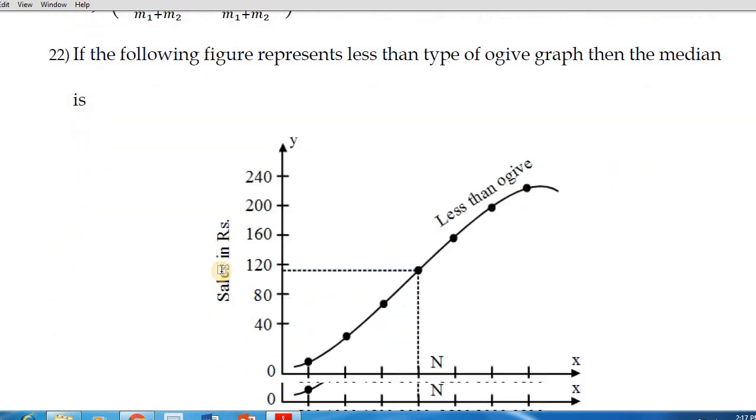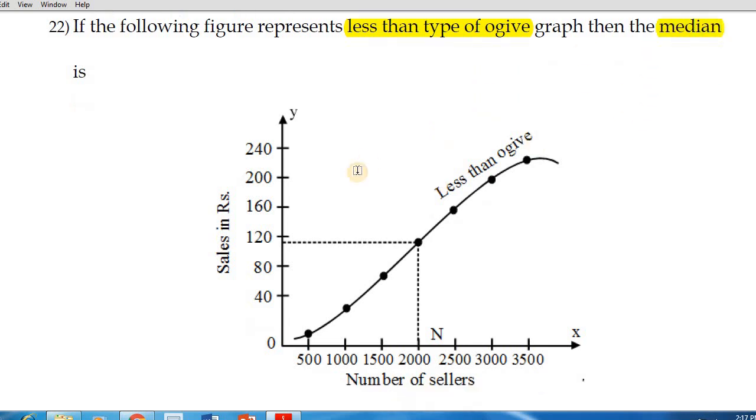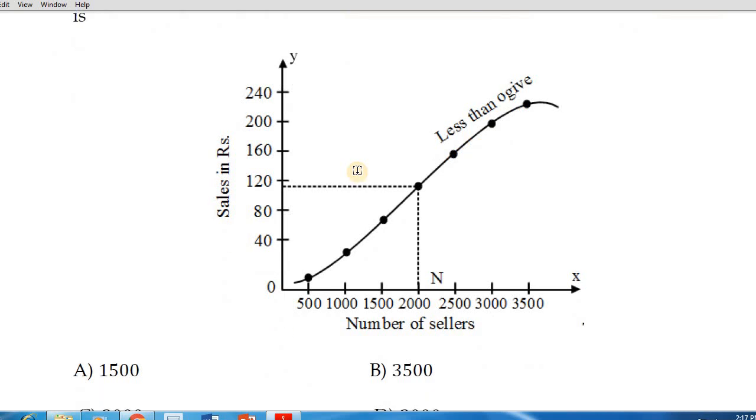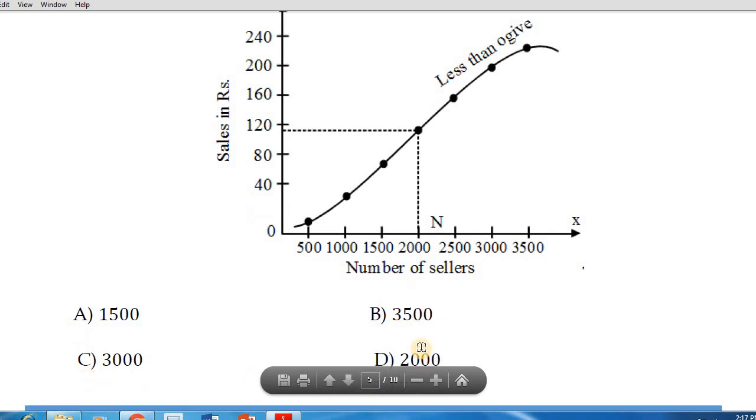22 is a very nice question, children. If the following figure represents a less than type ogive graph, then we have to find the median. So this is the graph. Observe the graph properly, and the given options are 1500, 3500, 3000 and 2000.